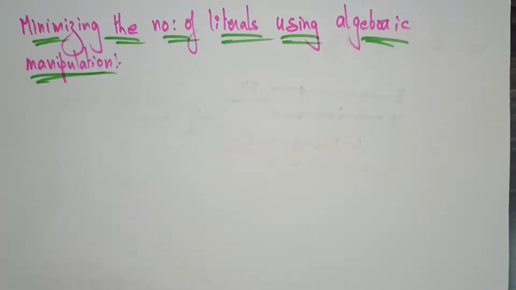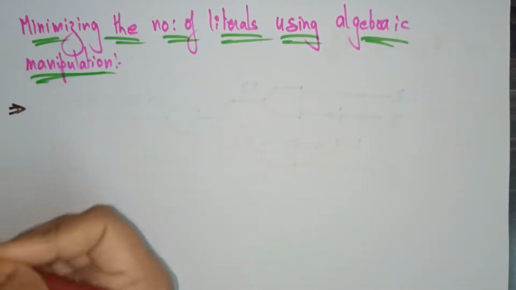If you don't know the formulas, you just go and watch them first and learn them by heart. Otherwise also no problem. While I'm explaining the minimization of the literals, I'm using the formulas. Whenever I'm using the formulas, I'll explain the concept also. Okay, shall we start?